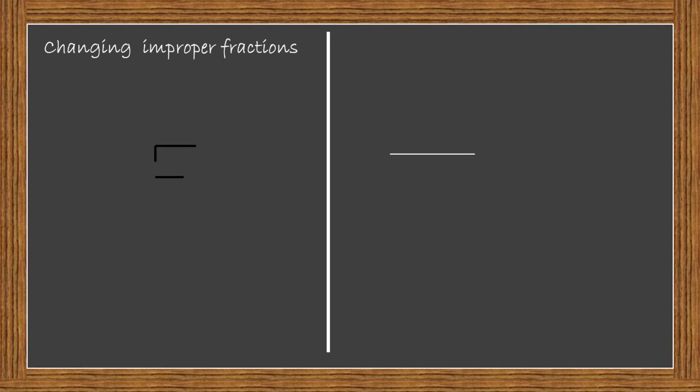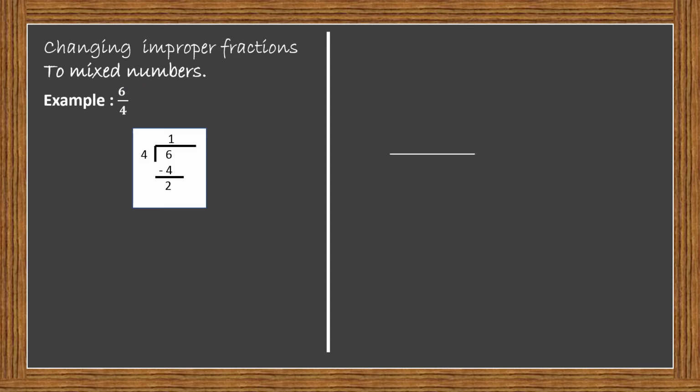So the first is changing improper fractions to mixed numbers. So 6 upon 4. Here our numerator 6 is greater than the denominator, which shows that it is an improper fraction. To convert it into a mixed number, we will divide this 6 by 4.